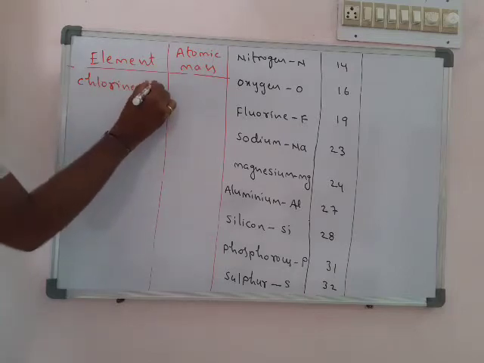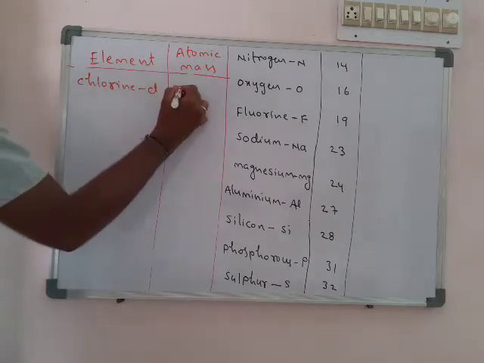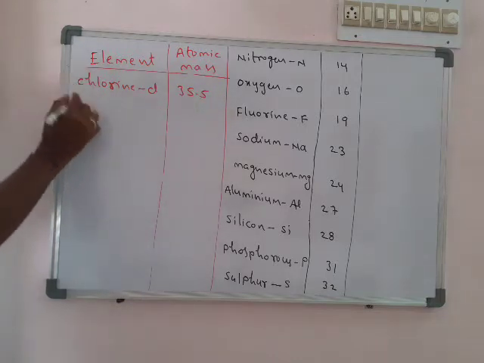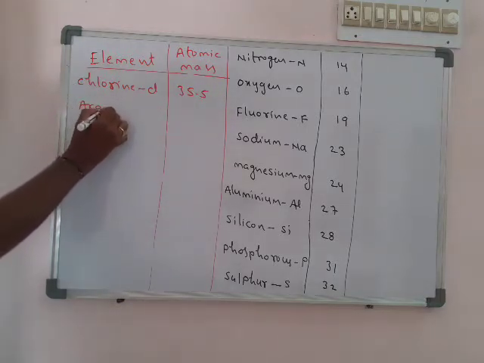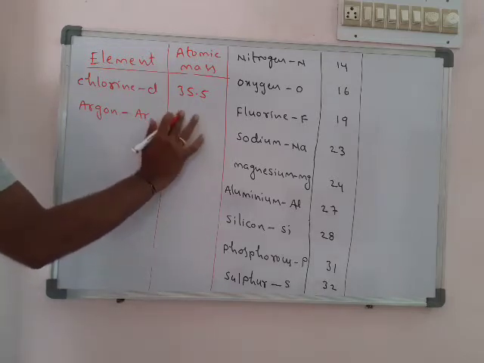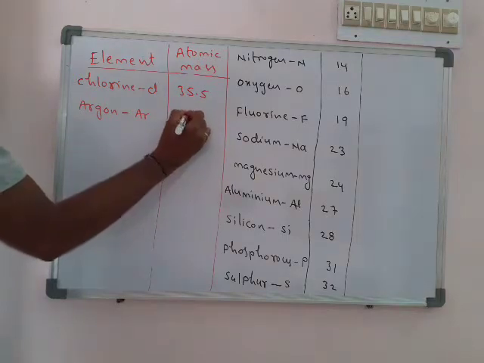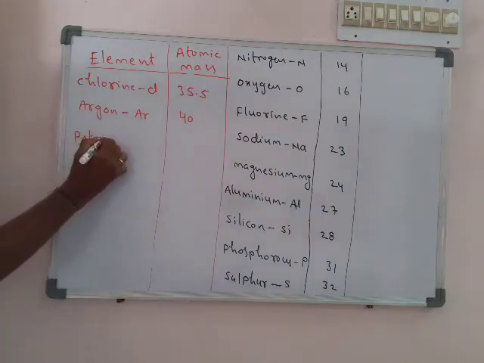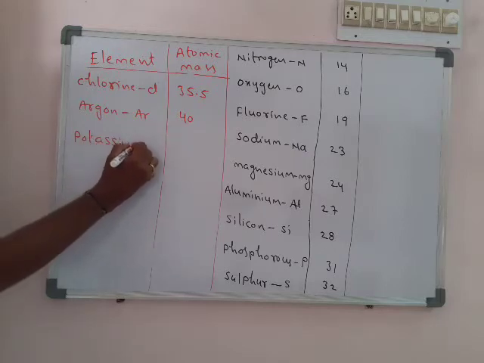Okay, this is chlorine, Cl, 35.5. Okay, next argon. Argon is 40.